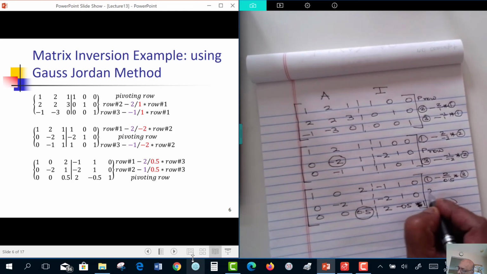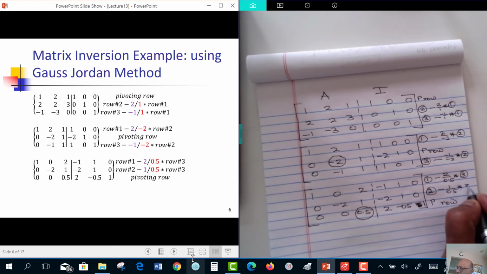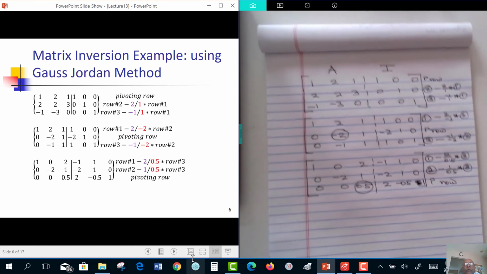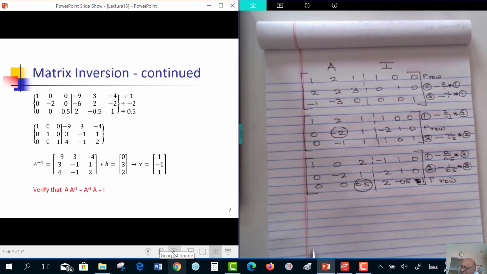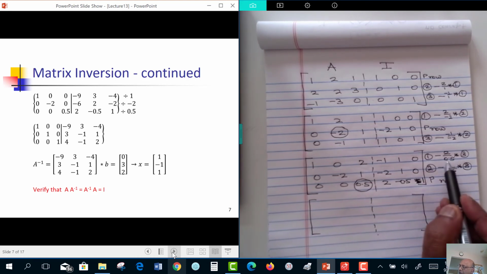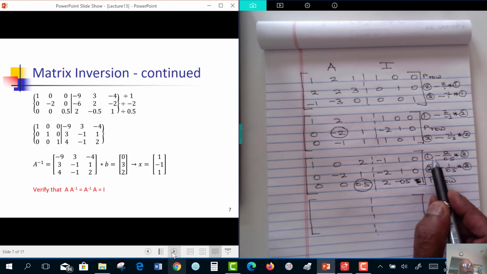We are going to take second row 1 over half times third row.